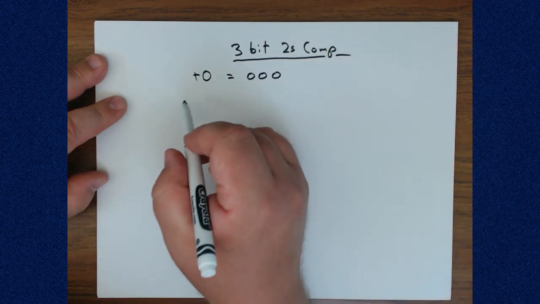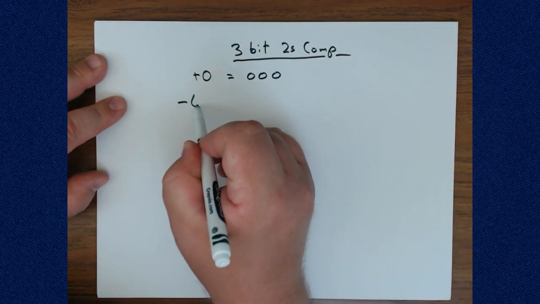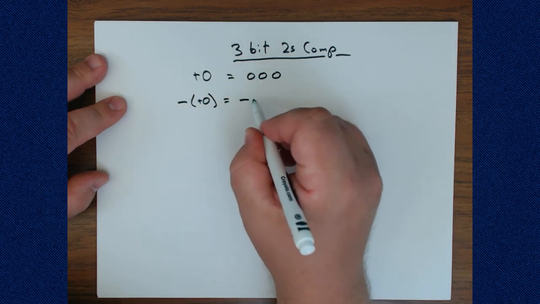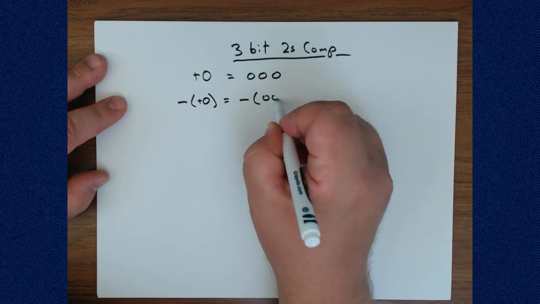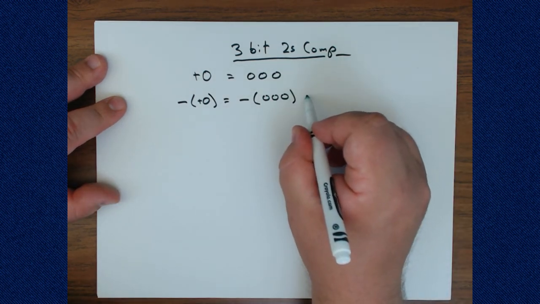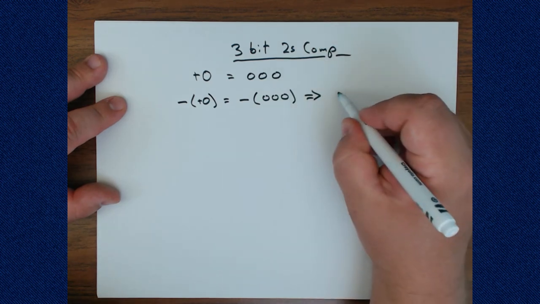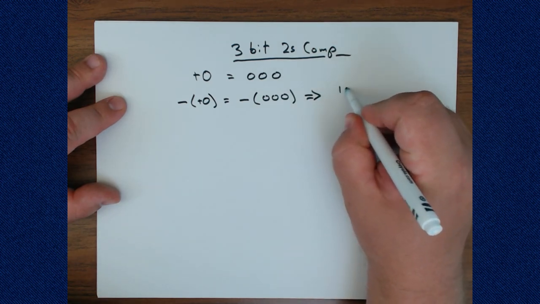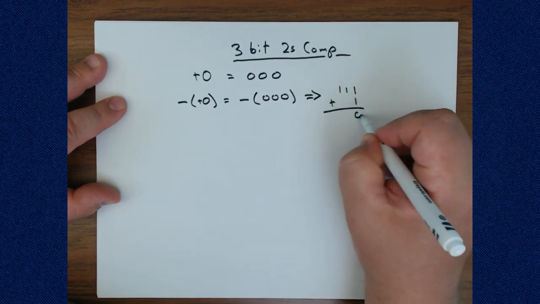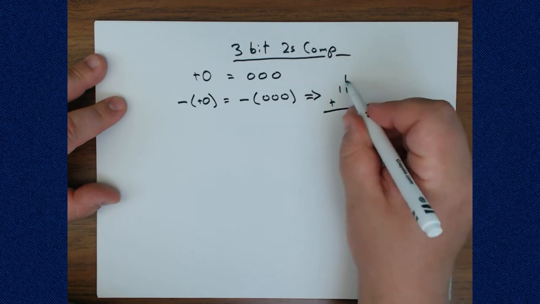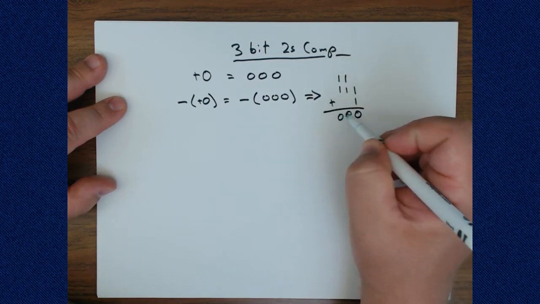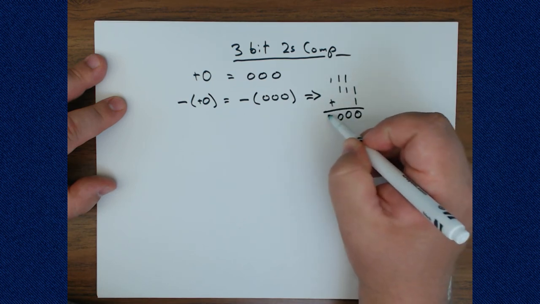But what if I want to negate it? So the negative of positive 0 is effectively the same thing as the negative of the bit pattern 0, 0, 0, which means applying the negation operation as we just did. So we will first flip all the bits to 1, 1, 1, and then we're going to add 1 to that. So that'll give me a 0, carry the 1. 1 plus 1 is 0, carry the 1. And 1 plus 1 is 0, carry the 1. 1 plus nothing is 1.